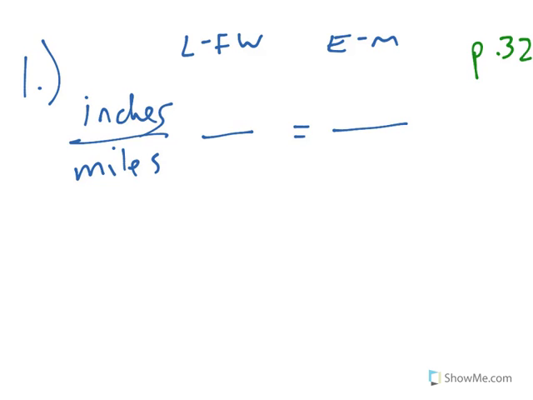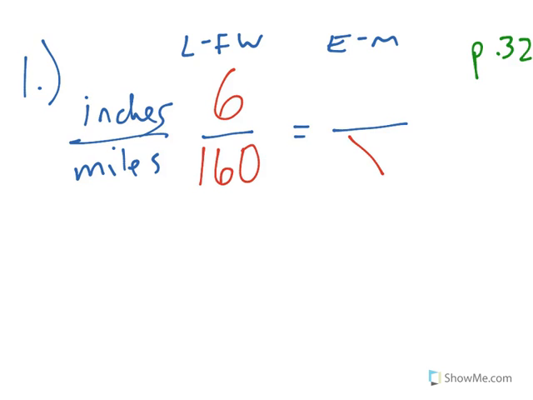Okay, in number 1, we're talking about Evansville to Muncie and Lafayette to Fort Wayne, talking about actual miles and inches. Proportions are about consistency, making sure you're setting them up consistently. So in this problem, they tell me that on a map from Lafayette to Fort Wayne is 6 inches. They also tell me it's actually 160 miles between those two.